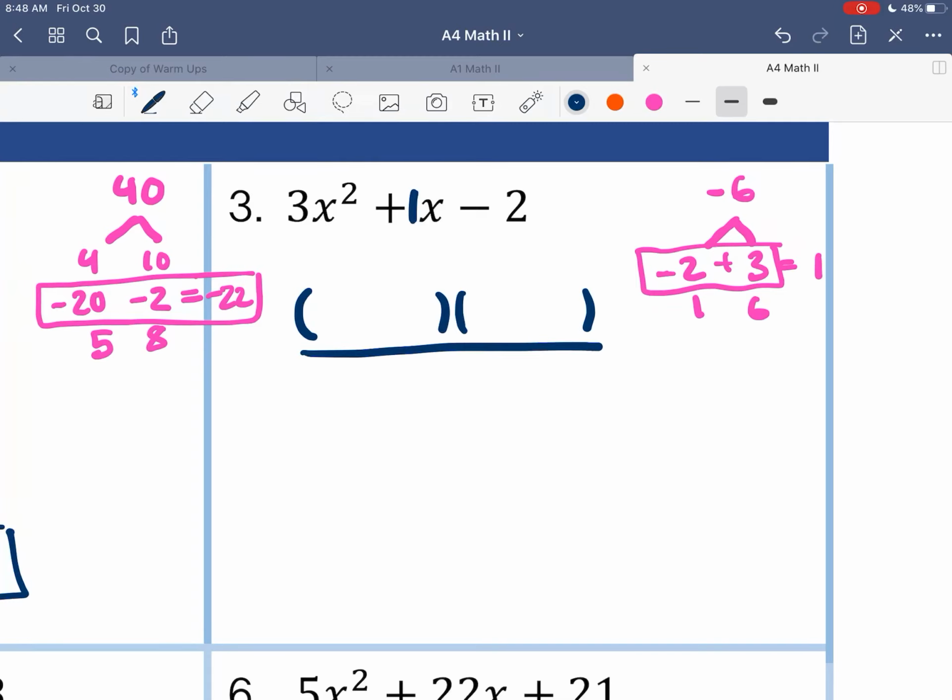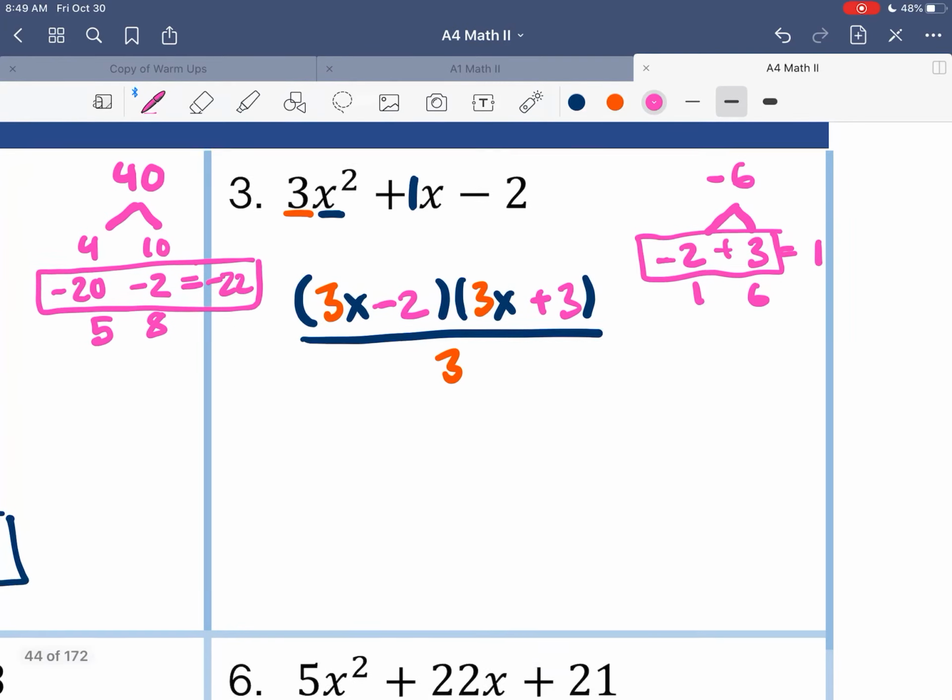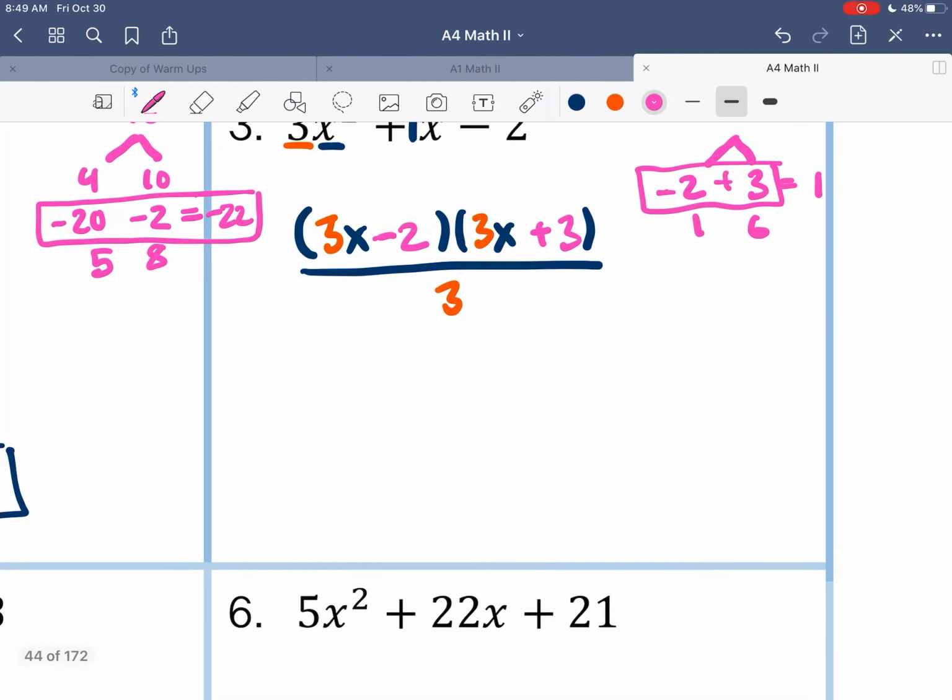And our leading coefficient of 3 goes here, here, and here. Then we have x's, because we need it to equal x squared, and then we have a minus 2 and a positive 3. And look at that, this one has a 3 in common, so we can factor out a 3.